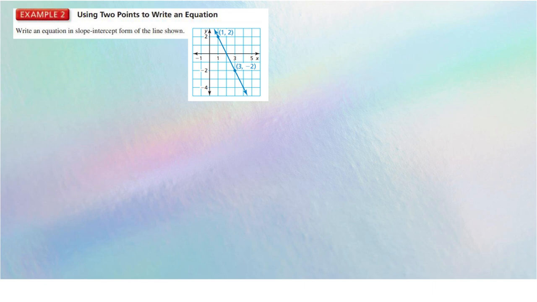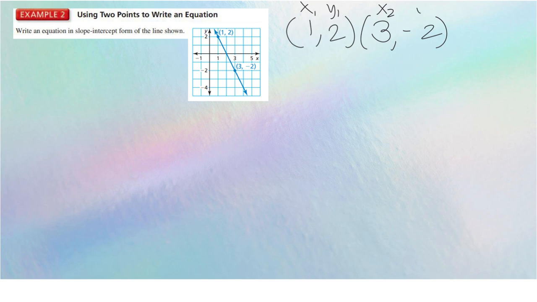Here we're given 2 points to write the equation. What's the first point? 1, 2, and the second is 3, negative 2. I'm going to have this equal x1, y1, x2, and y2. So plugging in to find my slope: negative 2 minus 2 over 3 minus 1.